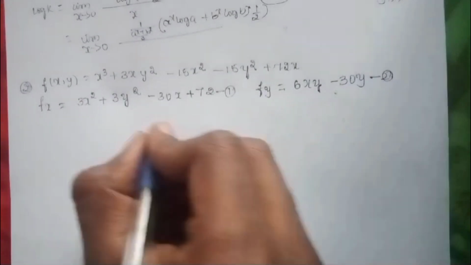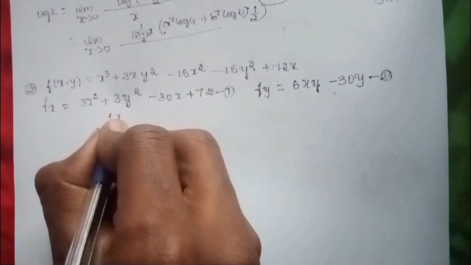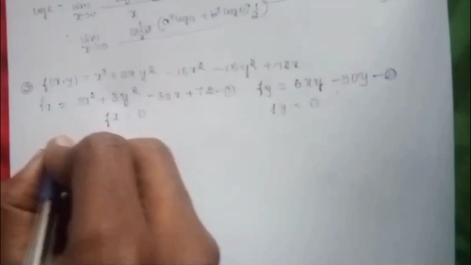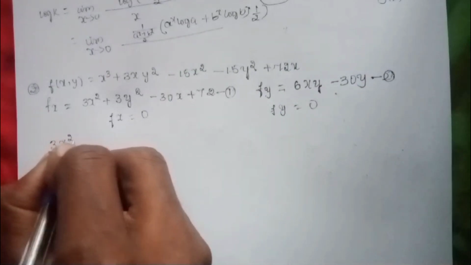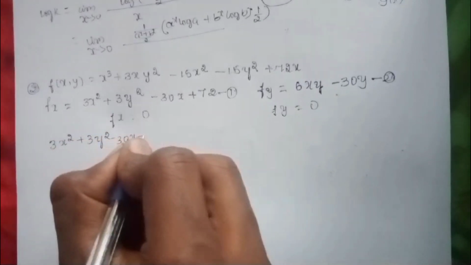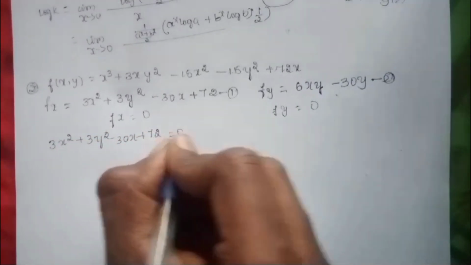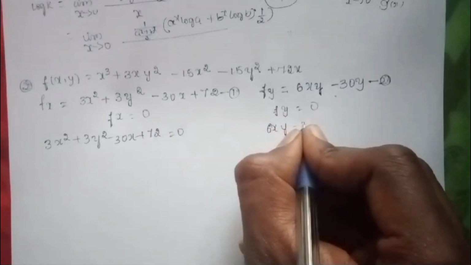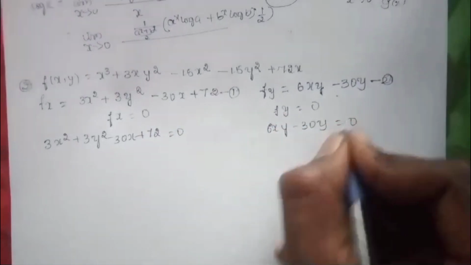How to get the stationary points? By setting fx equal to 0 and fy equal to 0. fx means 3x square plus 3y square minus 30x plus 72 equals 0, and 6xy minus 30y equals 0.